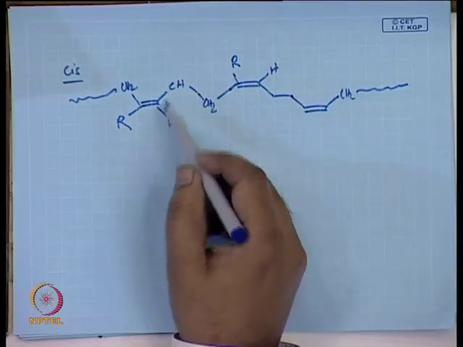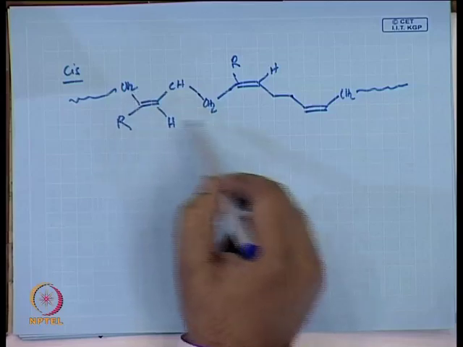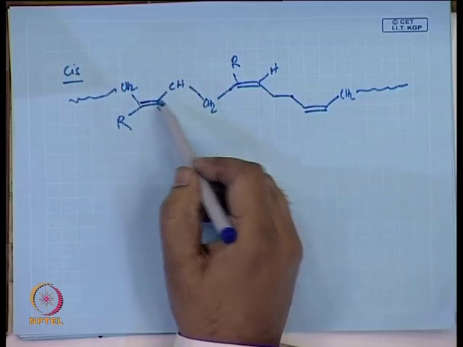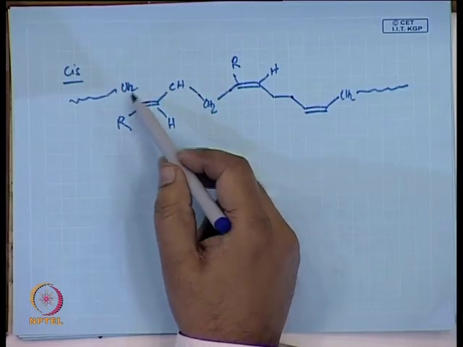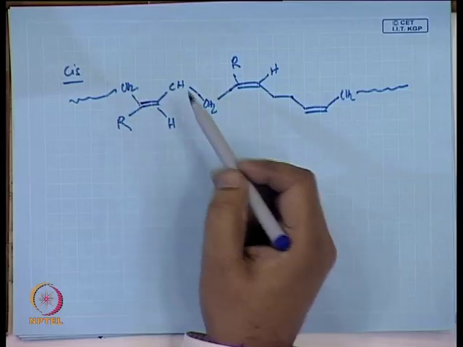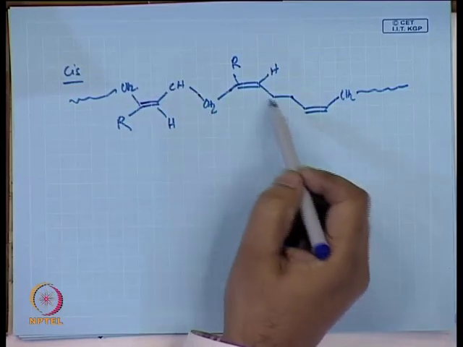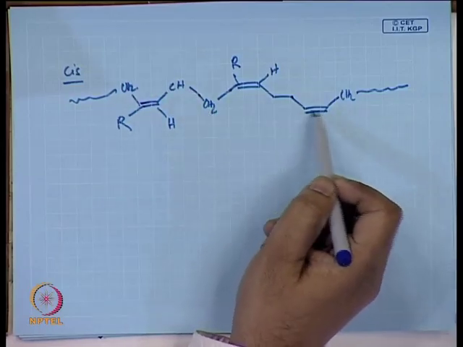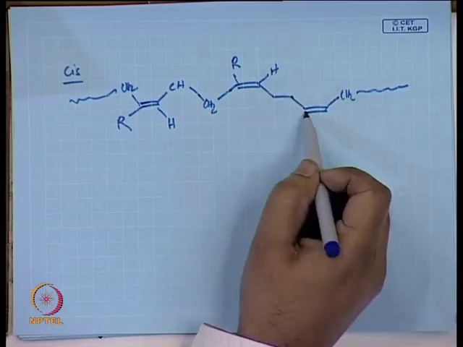In every case, if you look at the structure, for every repeat unit you have a cis arrangement. Here there is a cis arrangement, here there is a cis arrangement, and for this double bond also you have a cis arrangement.